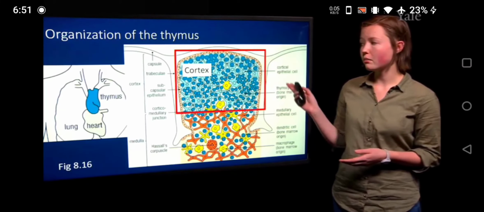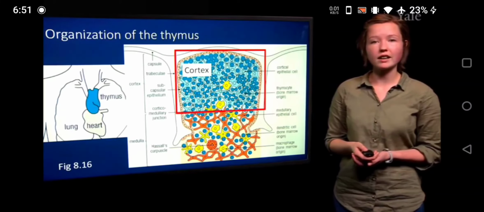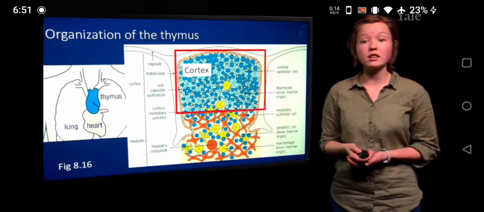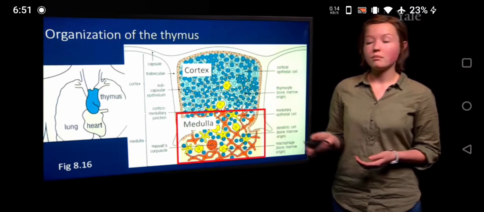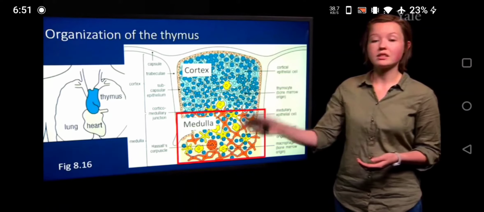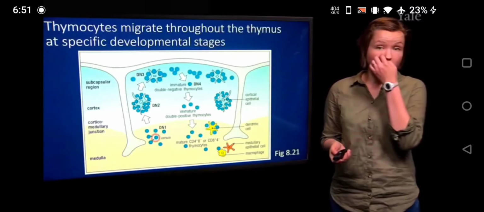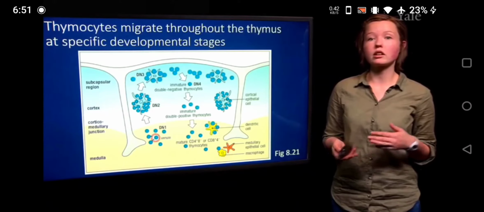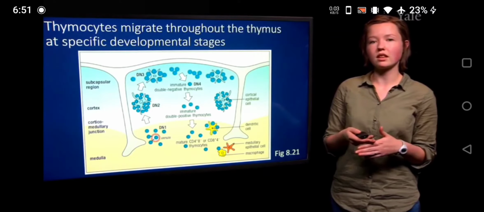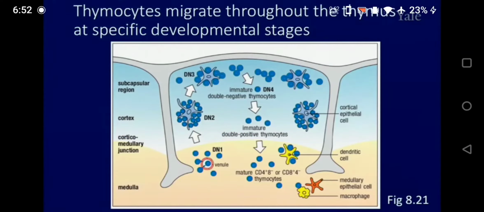The top part being referred to as the cortex or the cortical region, and the bottom part being referred to as the medulla or the medullary region. And different stages of T cell development will occur at different sites within the thymus, which is why it's important to understand these different sites of the thymus, and we will come back to these different locations at which T cell development occurs at the end in our summary.